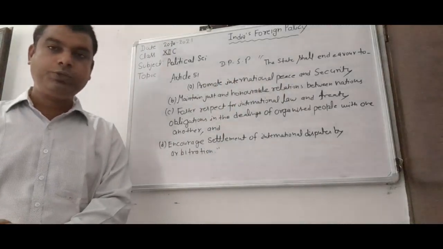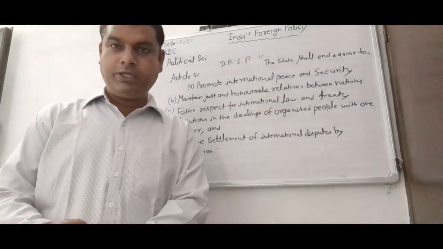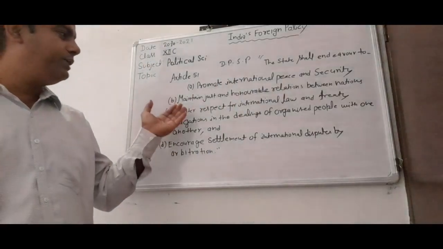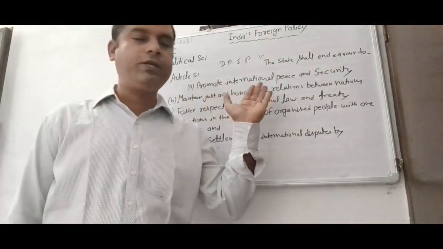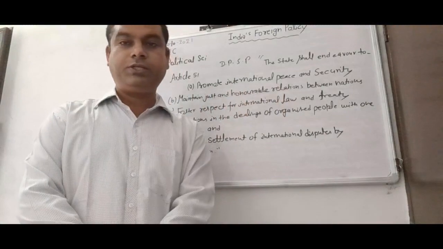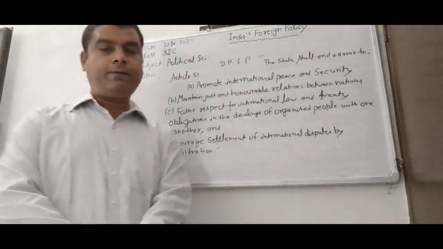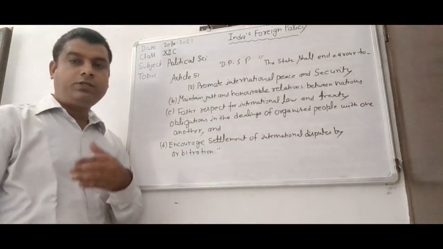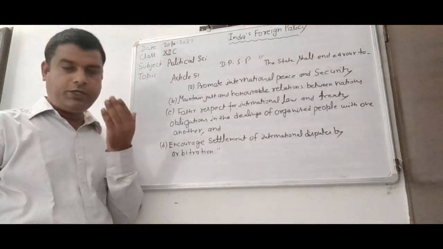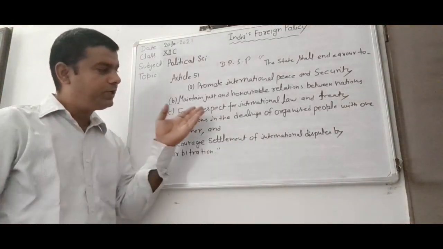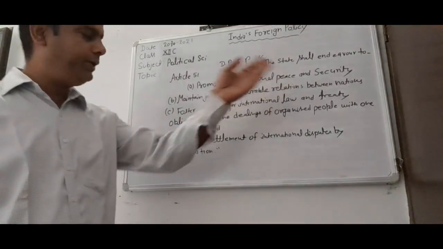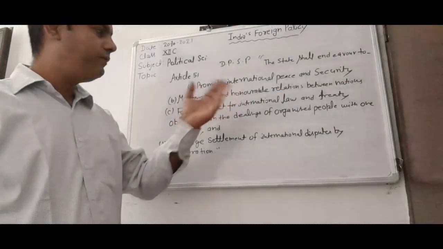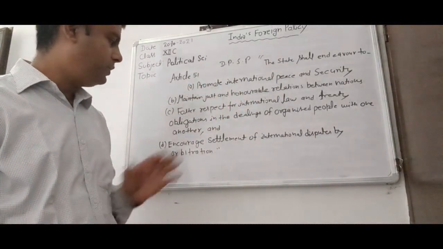It shall be the duty of India, the Indian state, to maintain just and honorable relations between nations. Third, the duty of India is to foster respect for international law and treaty obligations in the dealing of organized people with one another.